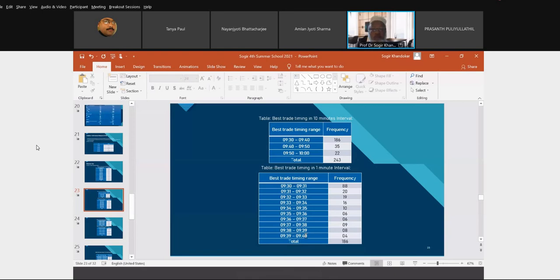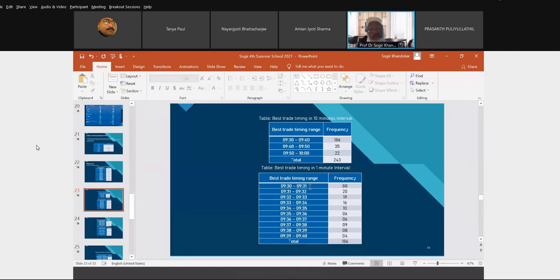Of these 186 trades, again we see that the best performance frequency is 88, which is 9:30 to 9:31. That means an earlier transaction is better for good performance or a better RPM.